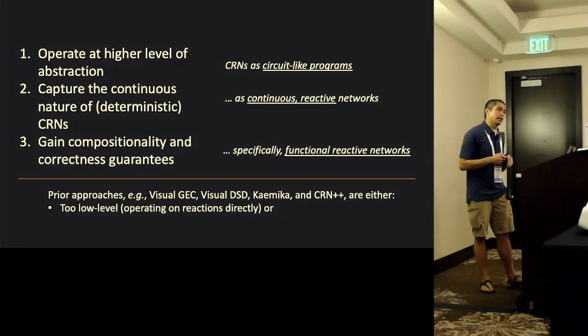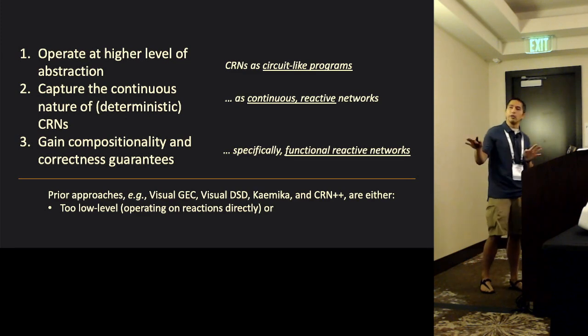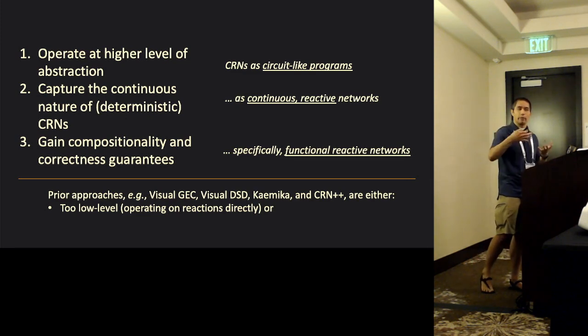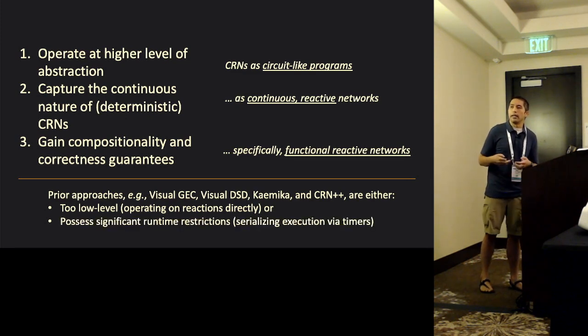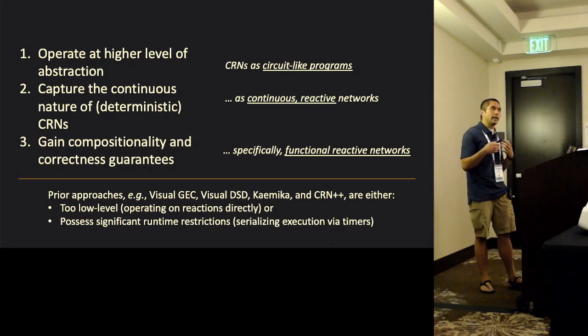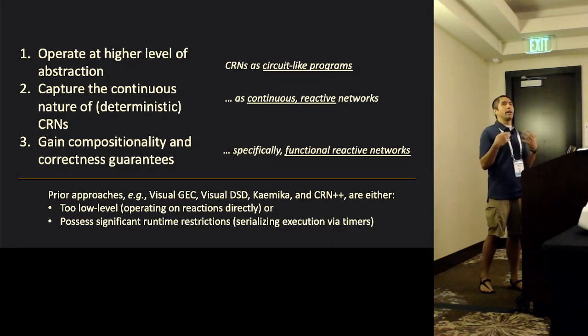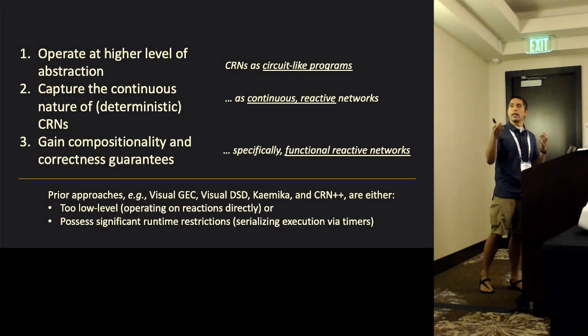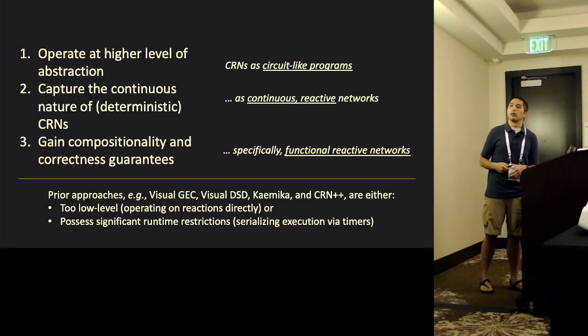The problems with these things that we're trying to sidestep, right? They're either too low level. The first three there operate on reactions directly, and then the last one, to get that imperative feel, puts in timers and runtime support that we want to try to avoid. We want to program directly against those reactions in a more natural way, rather than essentially building a computer as we understand it on top of molecules.